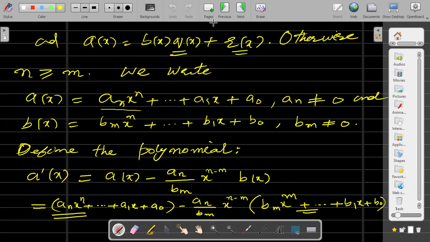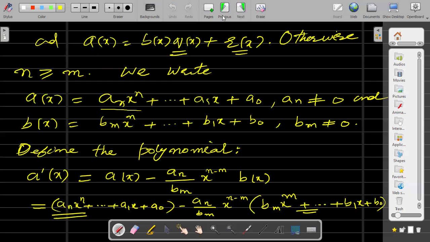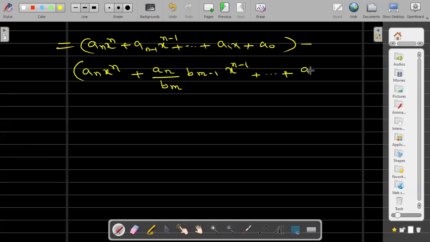See previous page, it's a_n divided by b_m.